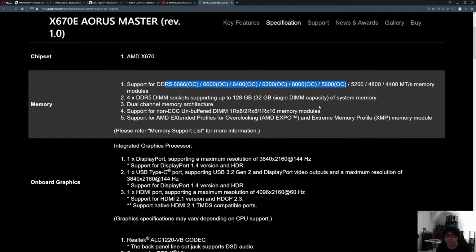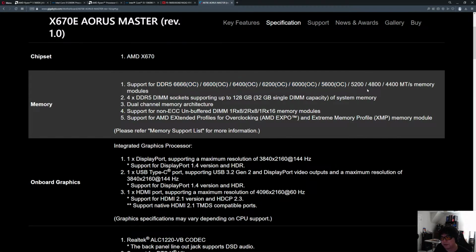You might get lucky, especially at these lower speeds. You can probably load 6000 or 5600 and it'll probably work, as long as it's 32 gigabytes max, so two 16 gig DIMMs. But if you try 64 gigs, or any kind of 4 DIMM configuration, these are definitely not going to be guaranteed out of the box.